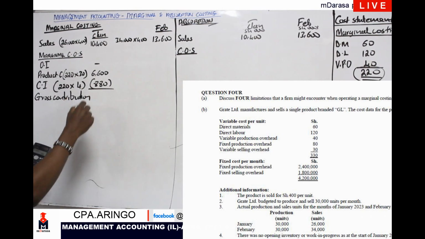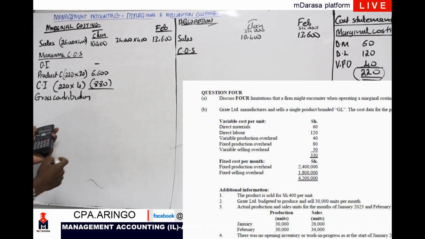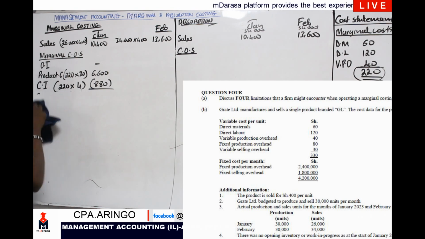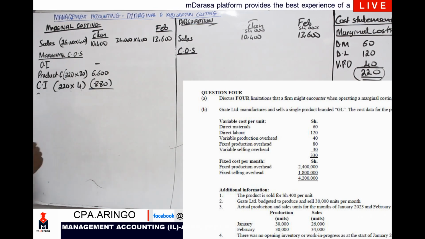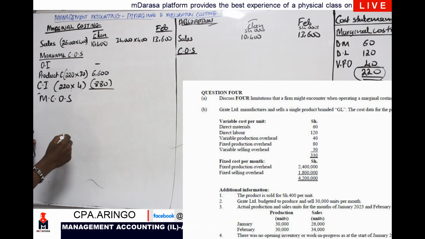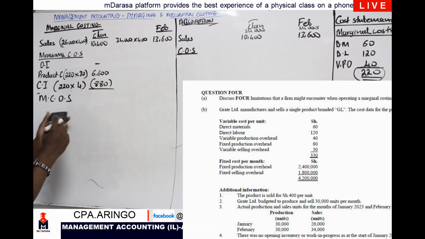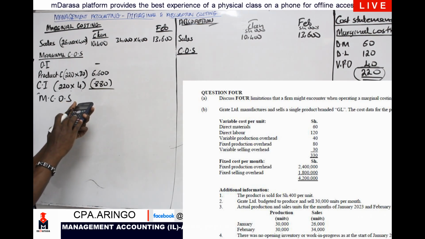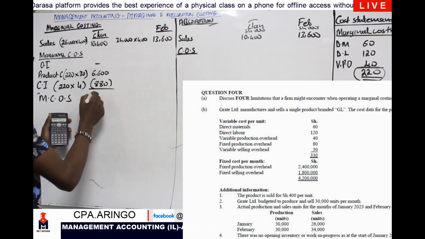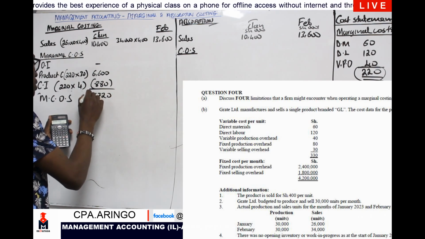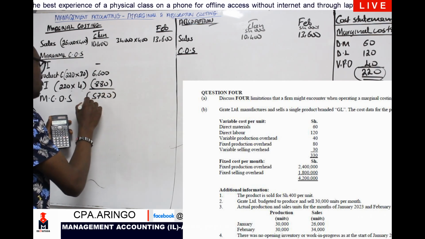We start first of all by determining our marginal cost of sales. Marginal cost of sales, 6.6 minus 880, I'm having 5,720. So that will give us our marginal cost of sales.